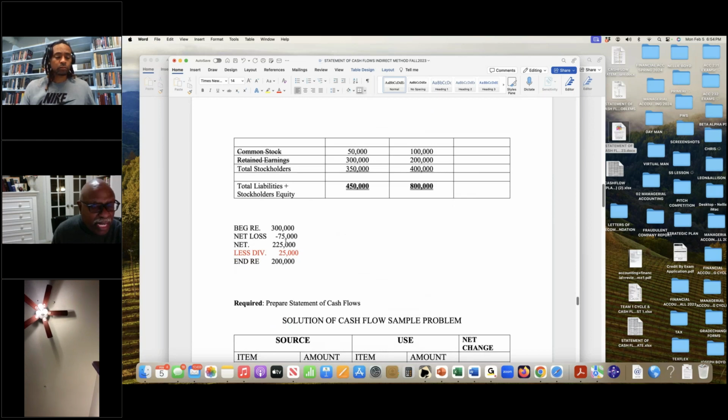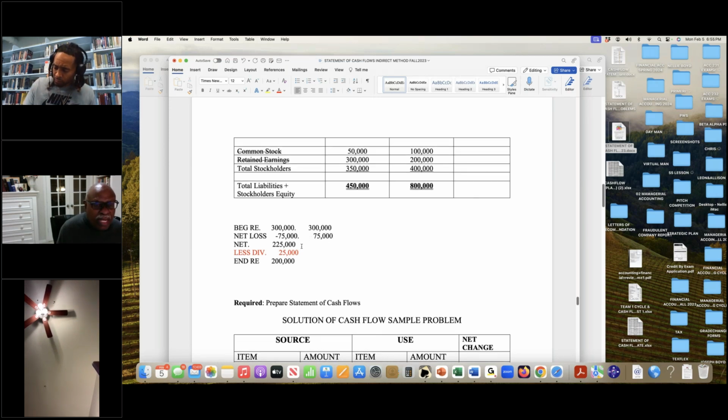If it's an income, you would add it: beginning retained earnings plus the net income, less the ending retained earnings gives you the dividend. So if we had income and this were income, it would be plus that 75,000.